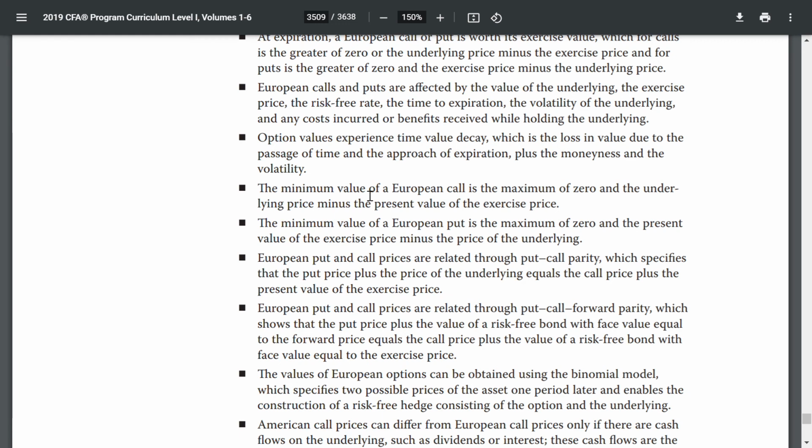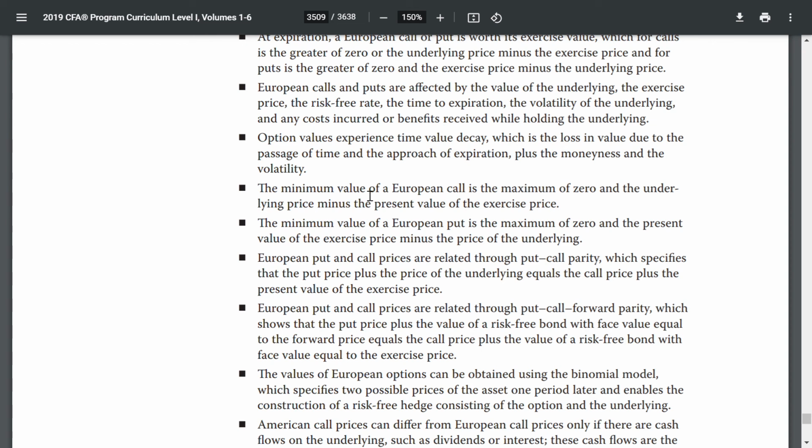Options values experience time value decay, which is the loss in value due to the passage of time and the approach of expiration, plus the effects of moneyness and volatility. The minimum value of a European call is the maximum of zero and the underlying price minus the present value of the exercise price.